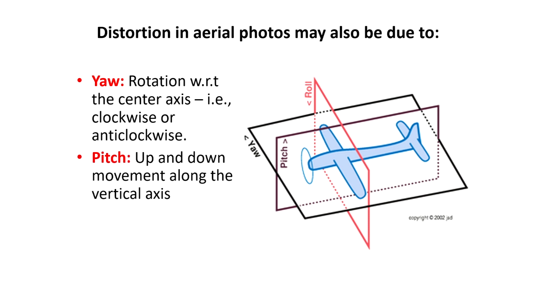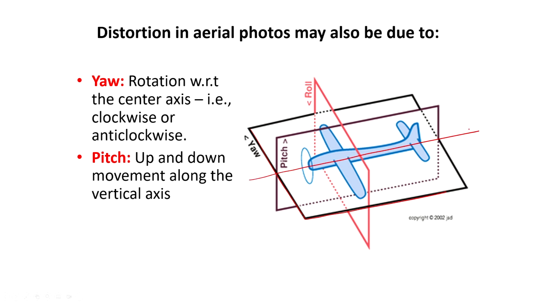Then you have pitch, and pitch is along this plane actually. Okay. Pitch is along this plane. So this is the plane along which you will see the pitch, and that is your up and down movement along the vertical axis. Okay. So yaw was rotation along this plane, that is your horizontal plane, and you have an axis over here.